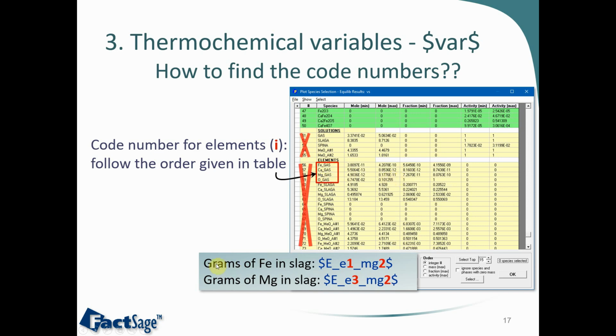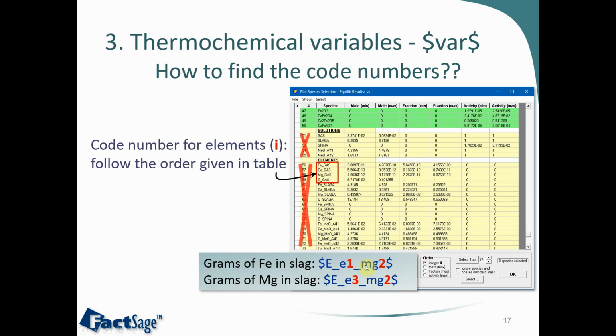So for example, if you want to know the mass of iron in slag, then we have to use this thermochemical variable. So $E for an equilibrium value, underscore, E to designate an element, not a species, and then we want iron. So the code number for element iron is 1, then underscore, and then we want the iron from a mixture.